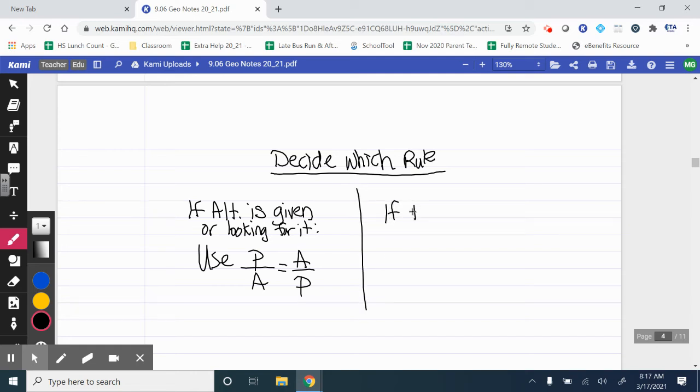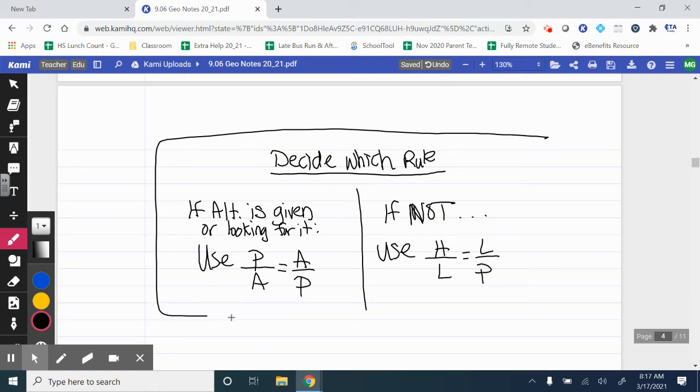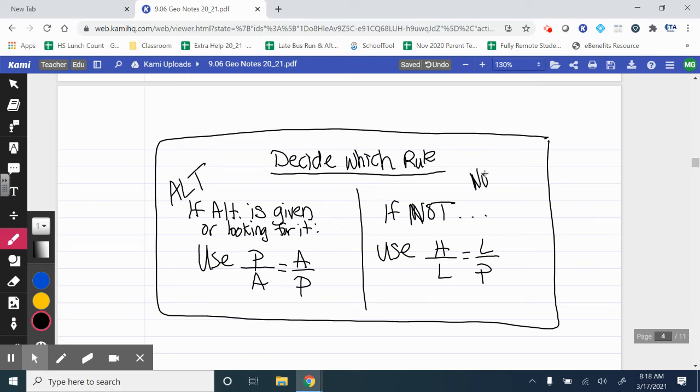If not, so if you don't have the altitude, use HLLP. Okay, so that's how you're going to decide. So yes, this side is given the altitude or looking for it. This one is no altitude, not looking for it, not given it.